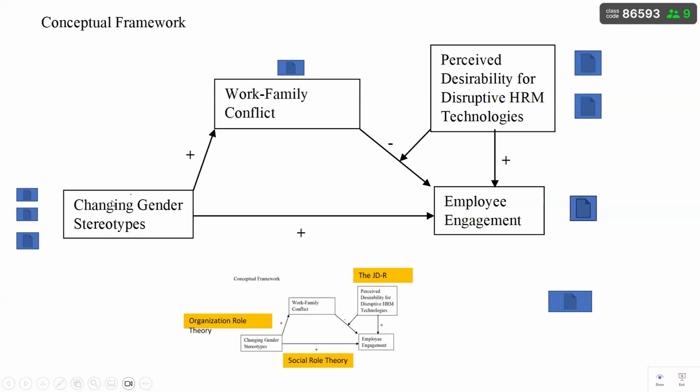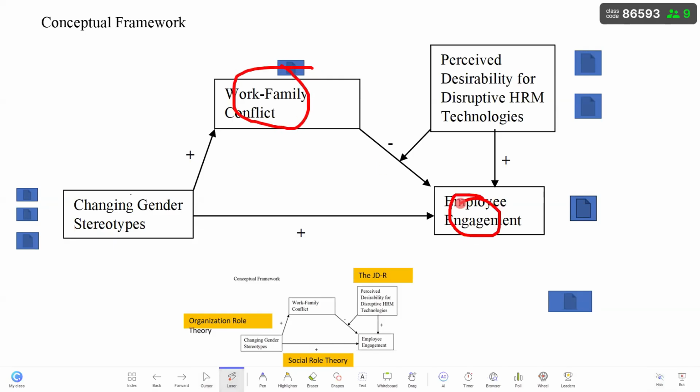You need to find relevant articles to check whether these two variables have been investigated elsewhere globally. Theoretically, these two variables are outcomes of this variable.